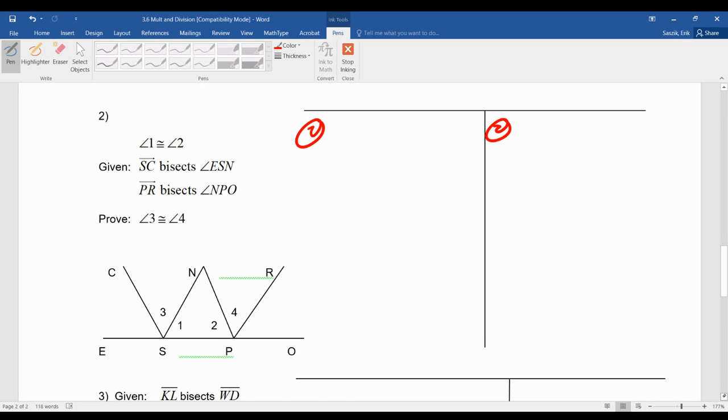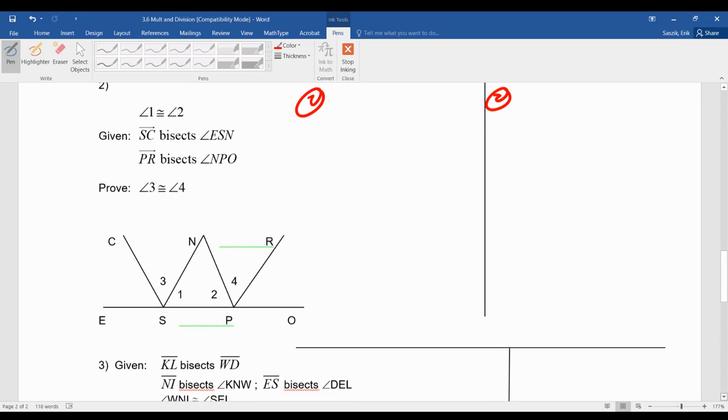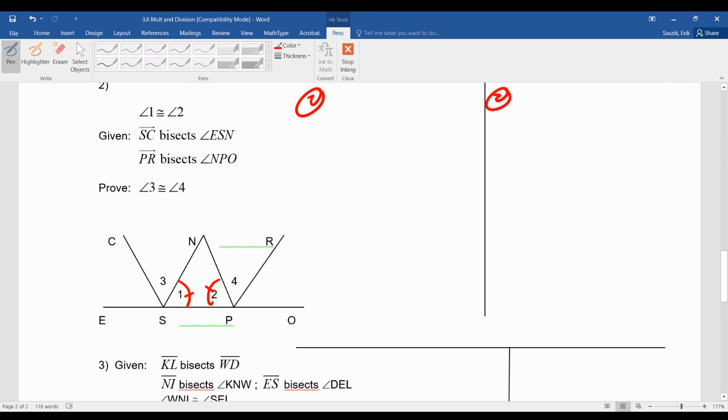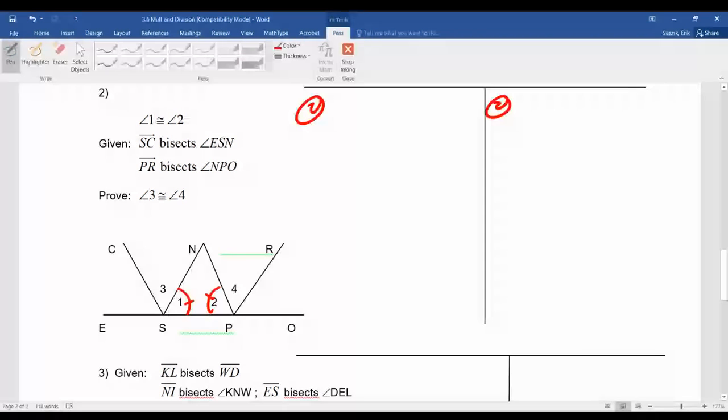So here, let's take a look. The first thing I'm thinking of when I see this given information is this double, and that makes me think of multiplication or division potentially. I have angle 1 congruent to angle 2. I have to get 3 congruent to 4.